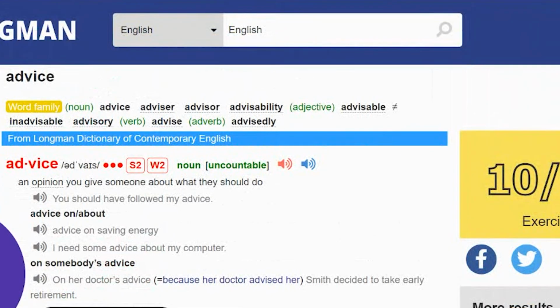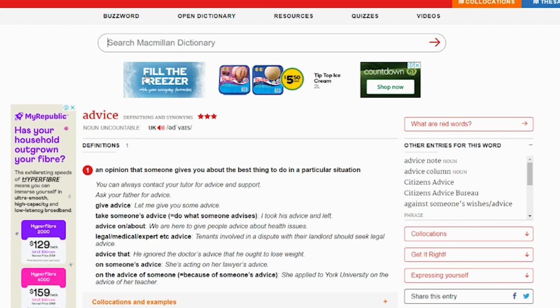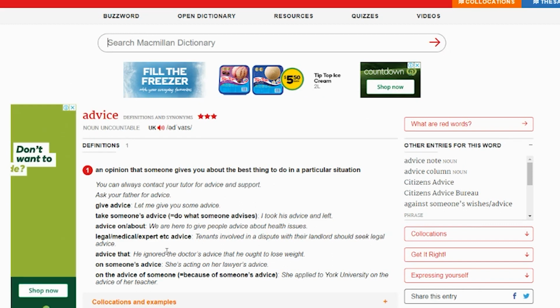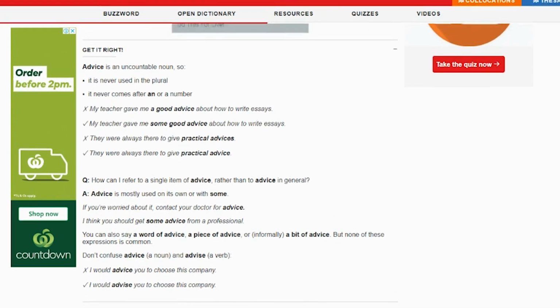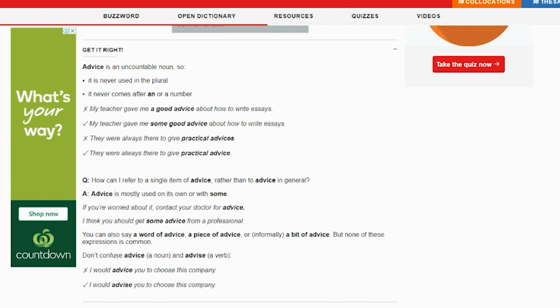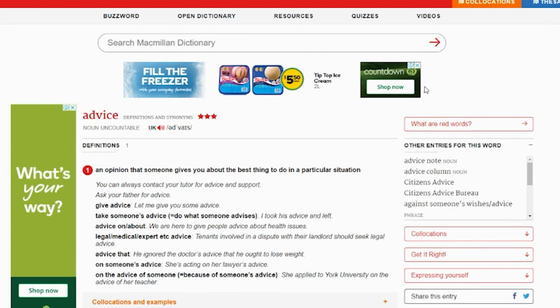And Macmillan has great examples. You can learn a lot from the examples. Here we have a few, and this one also has a collocation section sometimes. Again, not all the entries do, but some of them do, and grammar explanations as well. See, dictionaries are not only about definitions.